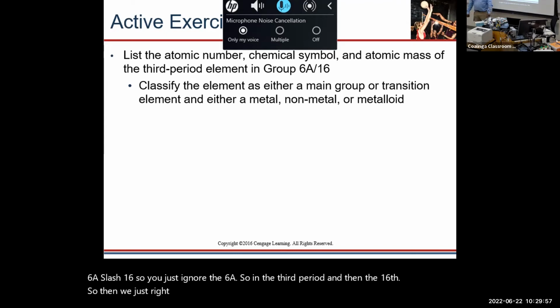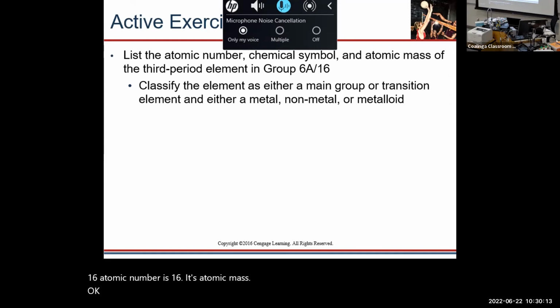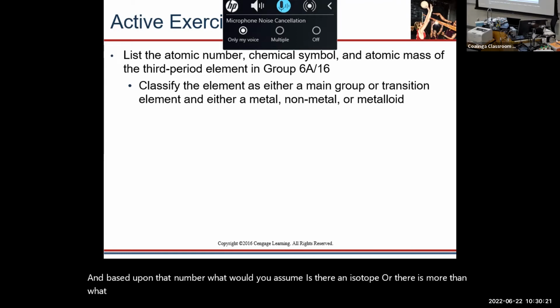What's the atomic number for sulfur? 16. Its atomic mass is 32.06. Based upon that number, what would you assume? Are there more than one isotope for sulfur? Yeah, I would assume that there would be more than one isotope.